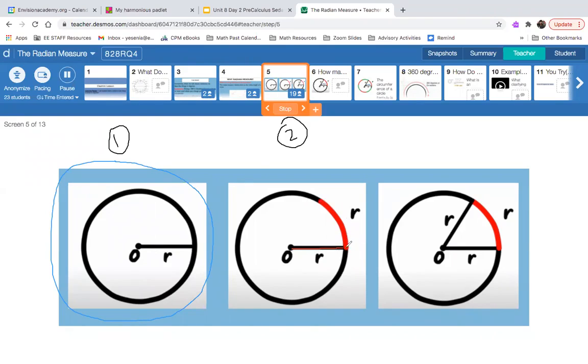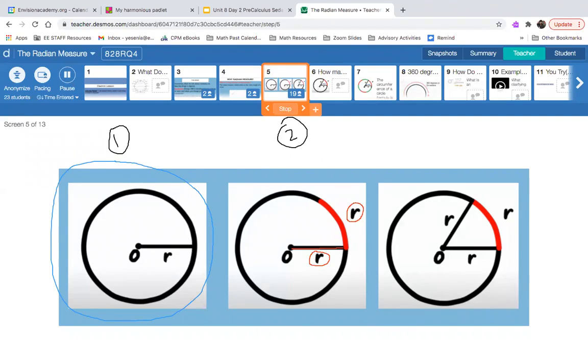You start where this line intersects the circumference, and I'm just going to drop it down there, and it's going to curve. Think of this length like a string that I'm curving along the circumference. This red line right here is going to have the same length measure as R. So that's step 2.